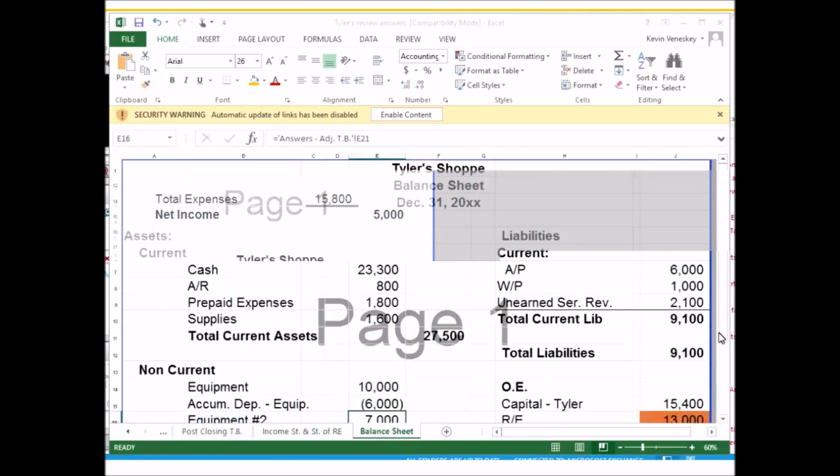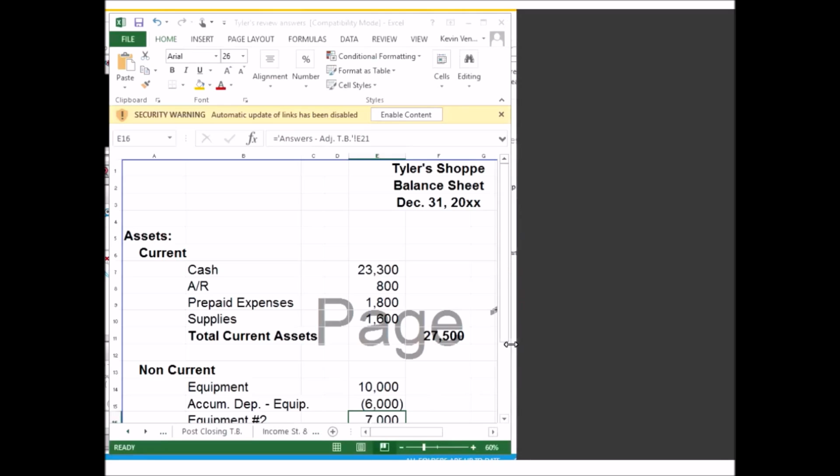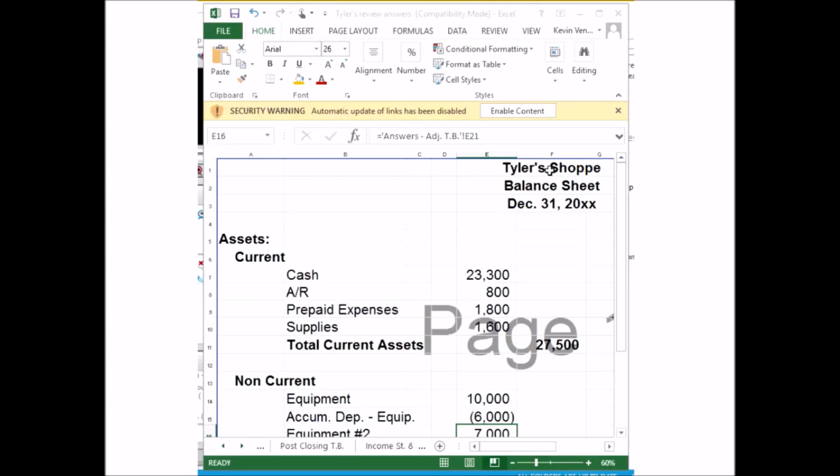So let's look at the balance sheet. Let's just start with the asset side first. The balance sheet has all of the remaining accounts left that we haven't used yet from the trial balance. Again, we have our proper title. The main difference is, notice the date. It does not have for the period ending or as of.